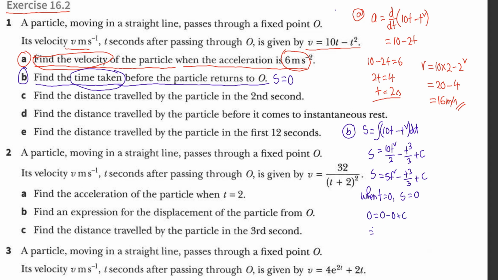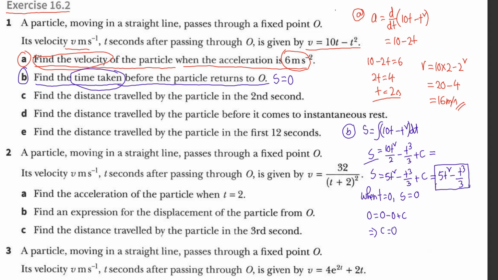So we get c equals 0. So this is the displacement expression: 5t squared minus t cubed by 3, because c is 0.